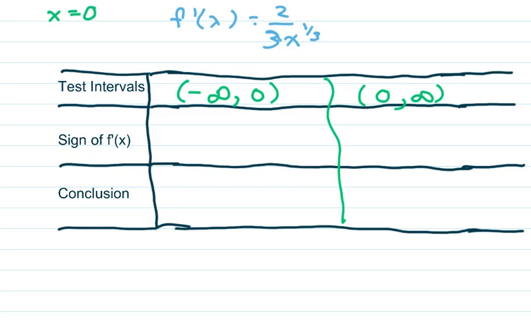So I'm going to plug in -1, and if I plug in -1, the denominator is going to be negative. So I'm going to have a positive over negative, so this is going to be negative. So our sign is negative. When I plug in a positive 1, both my numerator and denominator are going to be positive. So we have a positive.